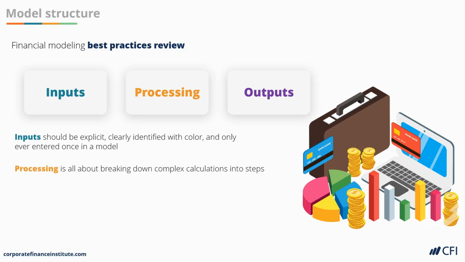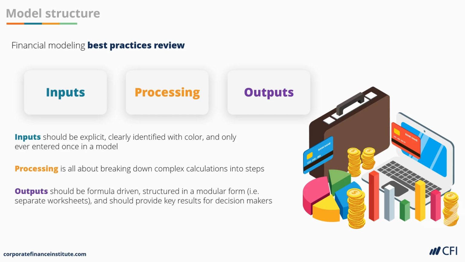Then we've got the processing section, which contains our formulas, where we break down complex calculations into simple steps so that it's easy for other users and ourselves to follow the logic. Then we have the output section, where everything should be based on dynamic formulas so that the outputs always update. And we want to summarize the results with charts and graphs so it's easy for key decision makers to understand the analysis.